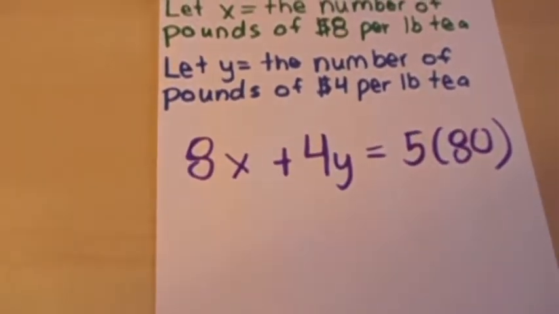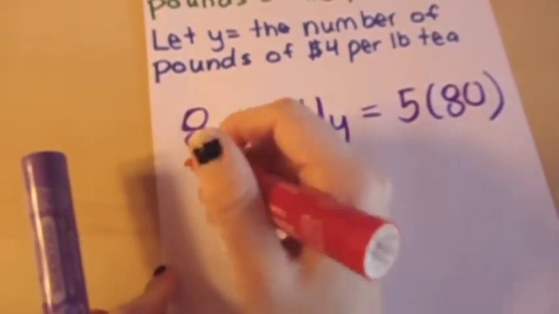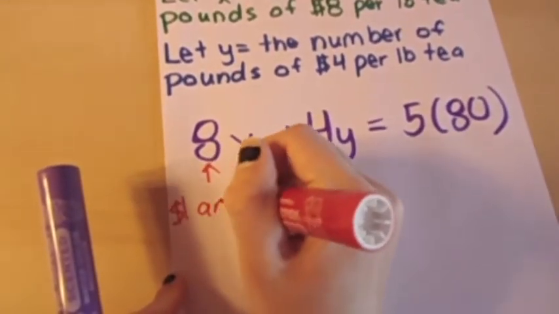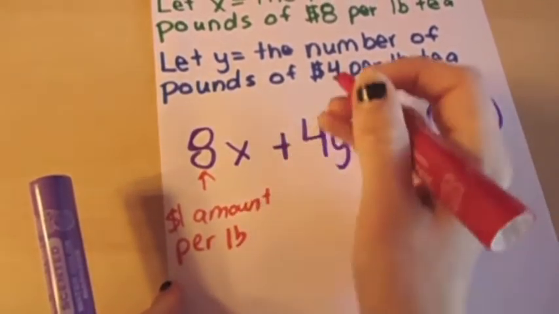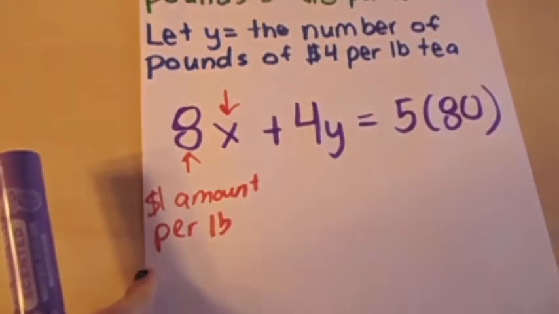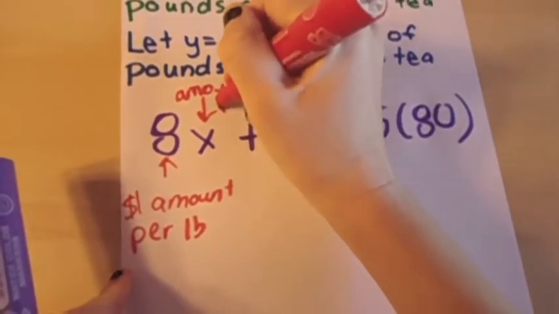And I'll label this. The 8 is the dollar amount per pound. The x is the amount in pounds.